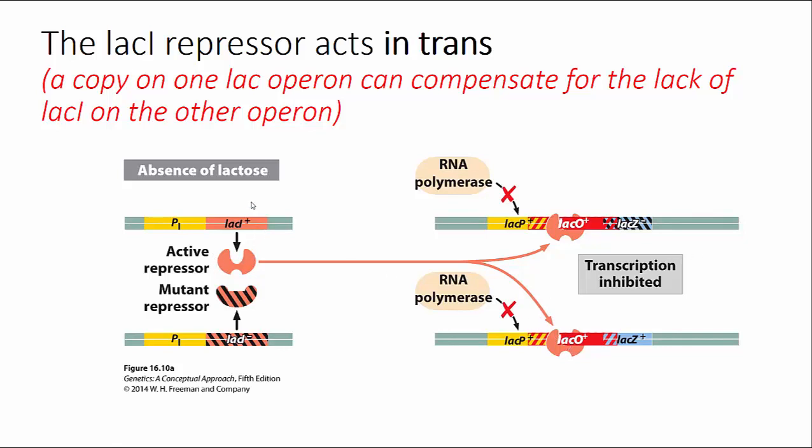And so this one here will substitute for the absence of the LAC-I from the other copy of the operon. The term for this is that the LAC repressor will act in trans. It can act on either copy of the LAC operon.